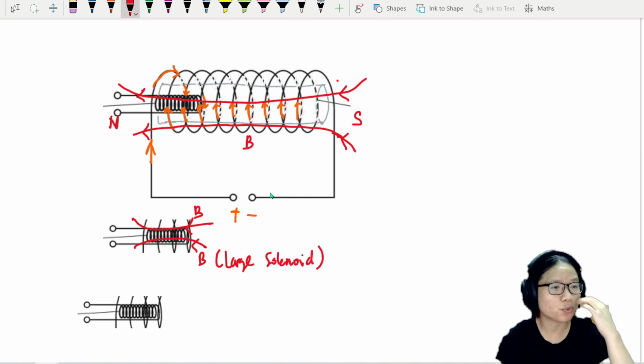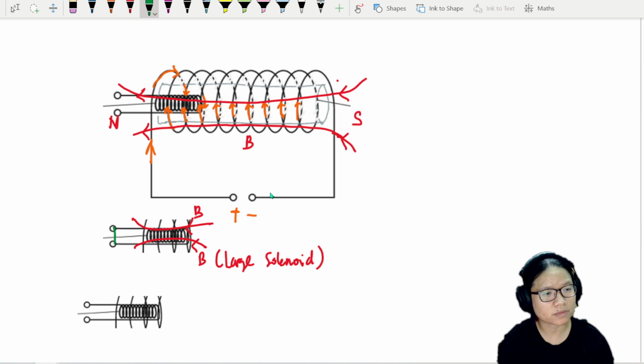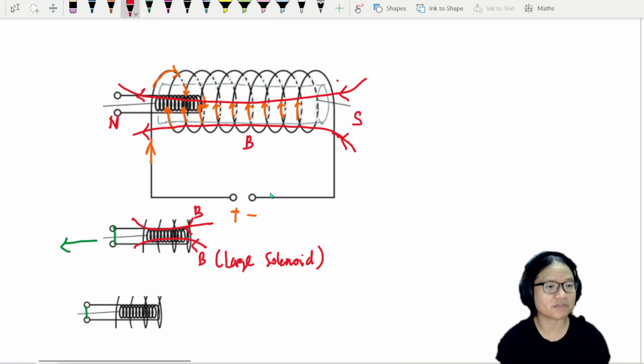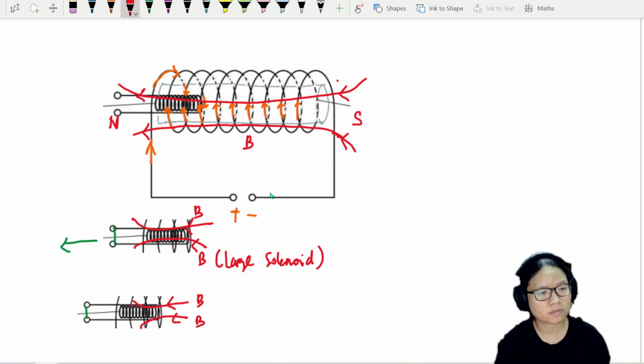However, when we move the coil, let me connect this. When we move the coil in this direction, the coil now suffers a loss. There's still magnetic field, but the magnetic field is less already. So this B actually decreases.